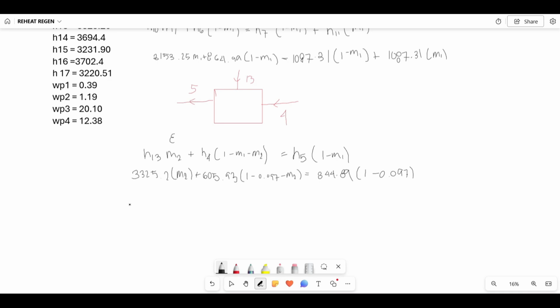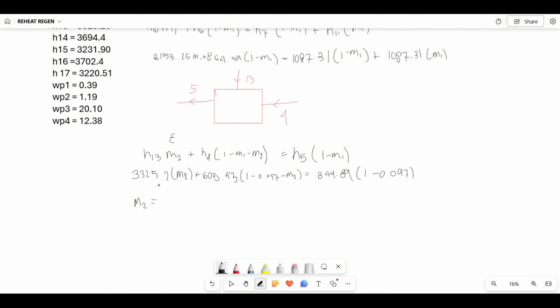So now we can get M2, which is, using a calculator, input 3325 times M2 plus 605.93 times 1 minus 0.097 minus M2 is equal to 844.89 times 1 minus 0.097.